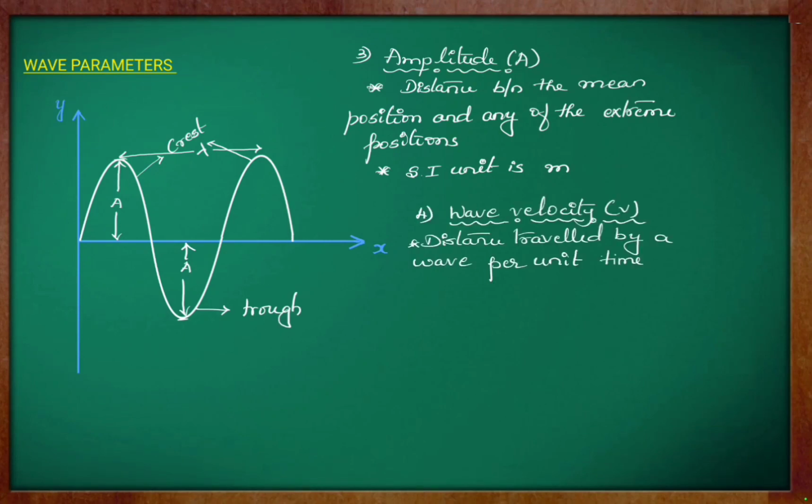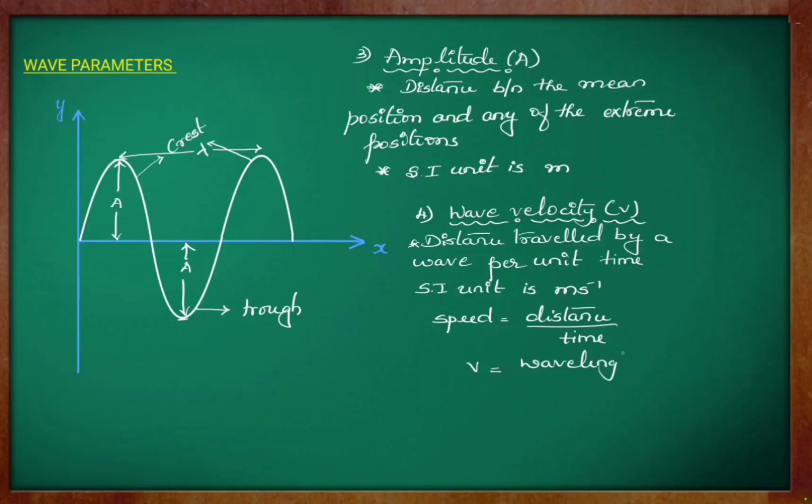Wave velocity is represented by v. It is the distance travelled by a wave per unit time, and the SI unit of wave velocity is meter per second. Speed or velocity is given by the formula distance upon time. For a wave, speed is denoted by v, and the distance is nothing but its wavelength, divided by time.